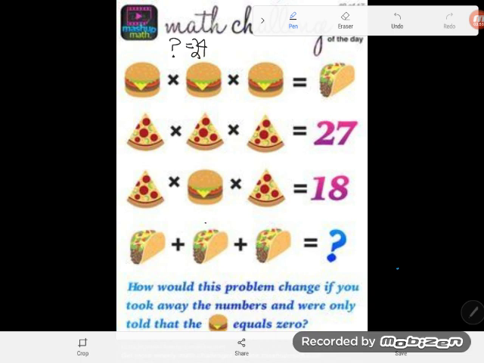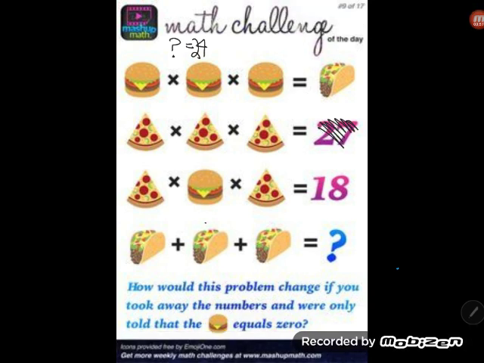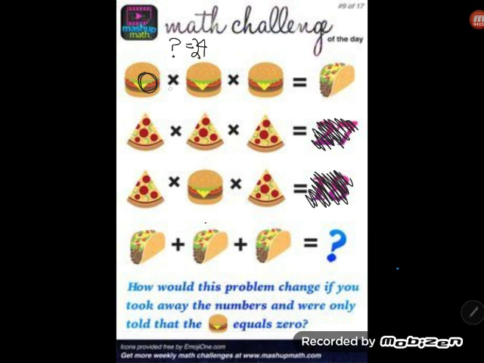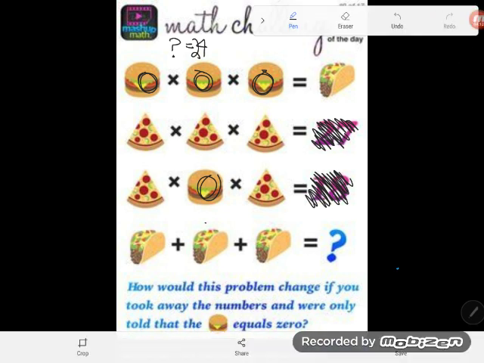Okay, so this time we take away the numbers. We don't know those numbers. New problem. And we find out that a hamburger is equal to 0. Okay, I'll write zeros where I see hamburgers. All right, so let's see what that tells us. Now that leads me up to that first equation.